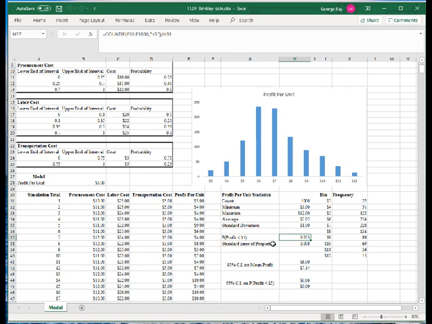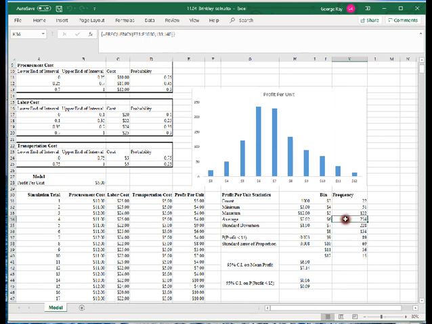So now management has better insight into this particular product than they did before we did our analysis. We can further help them by doing a frequency histogram. So we'll set up some bins from 3 to 12 for profit per unit. And then we'll use the frequency function to do a frequency count in our profit per unit column from our simulation and count up how many we get, the count we get for each different dollar value.